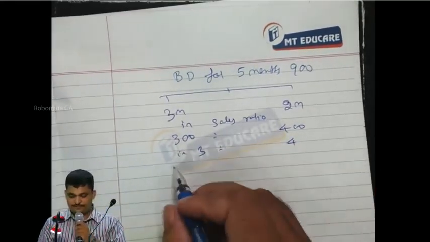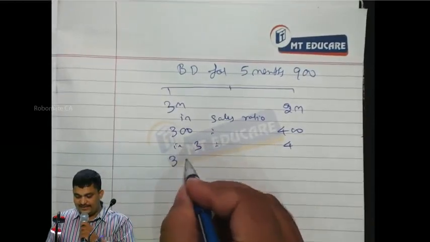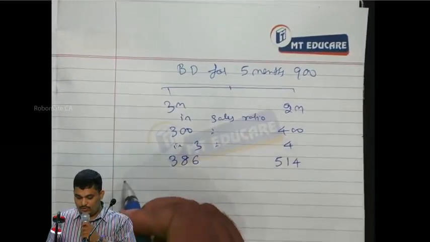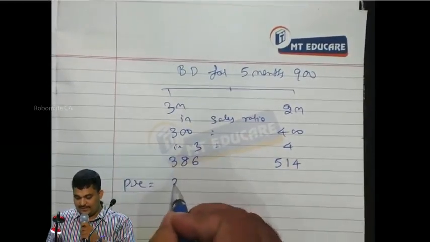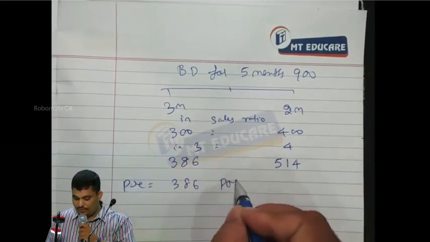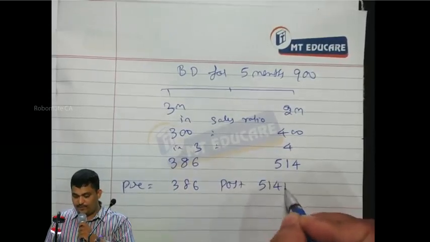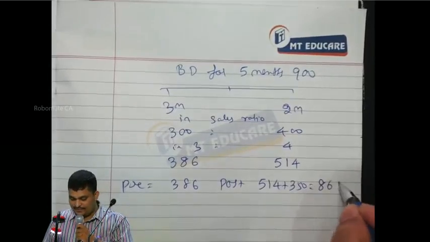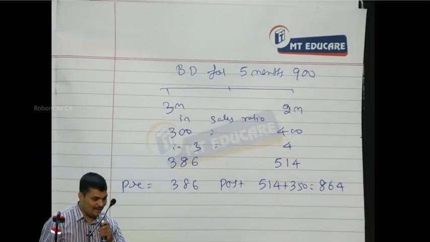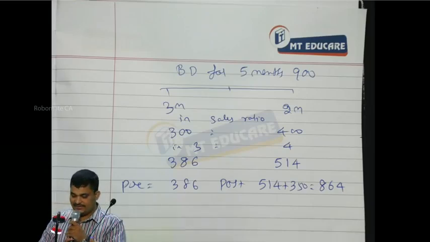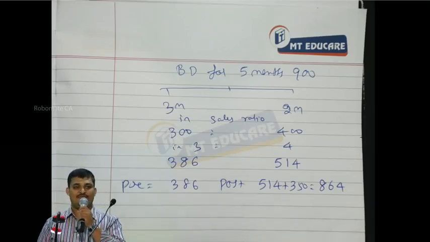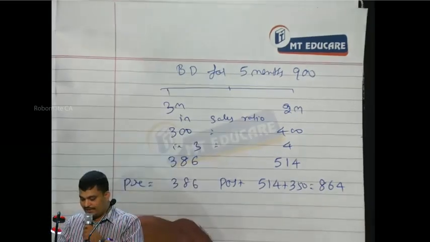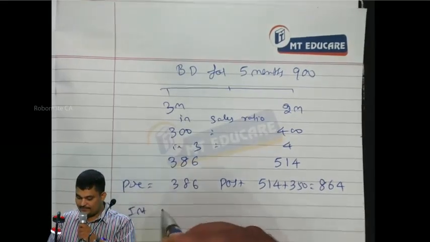How much? 386, 514. So pre will be 386, post will be 514 plus 350, 864. Understood? So pre will be 386 and post will be 864. Is that clear? Respond.